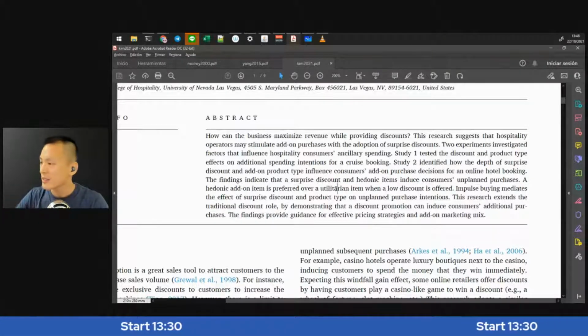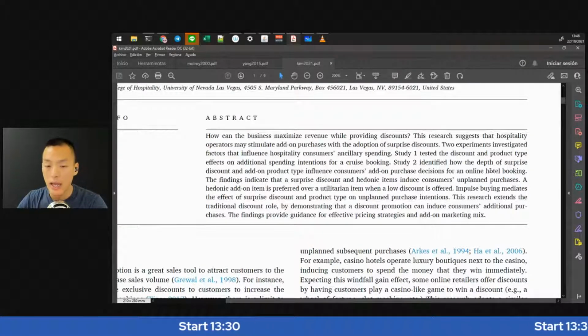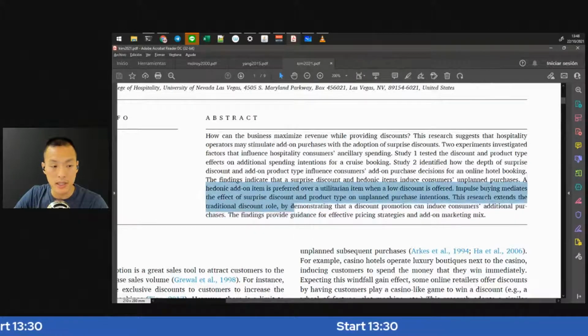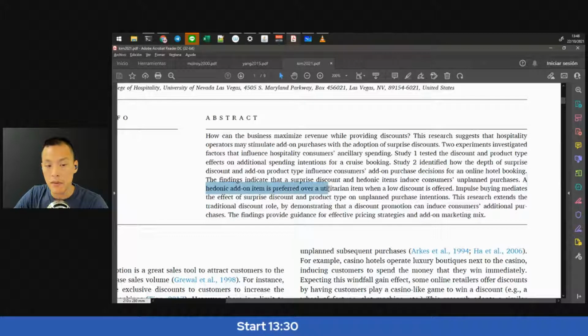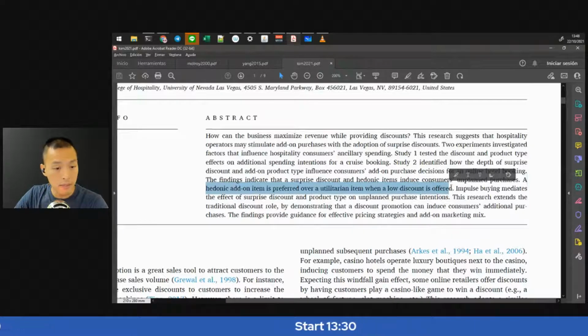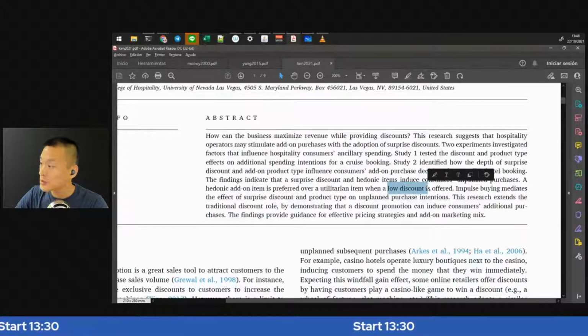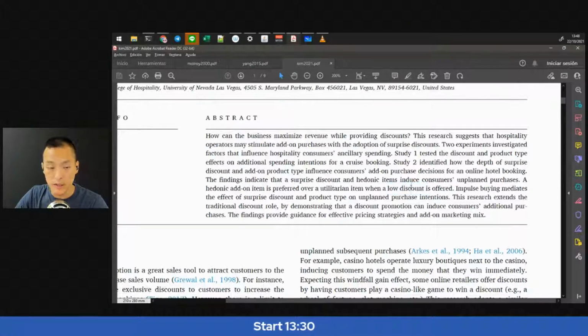But hedonic items are luxurious items, things that you don't really need, but it'd be nice if you have them. So right out of the gate, this research project is telling you that hedonic items get better boosts if you give a discount compared to utilitarian items. And the other thing that it gives you immediately is that you should give a low discount. So two key valuable pieces of information right there.